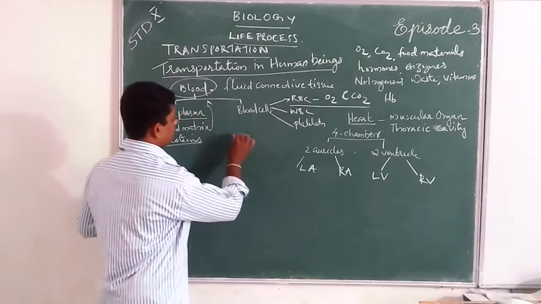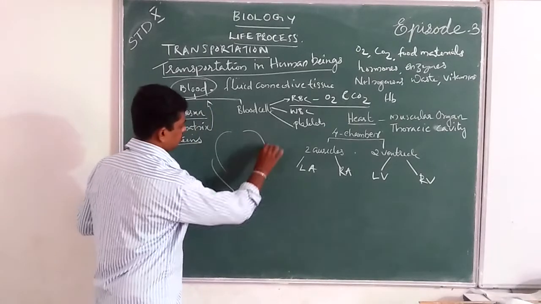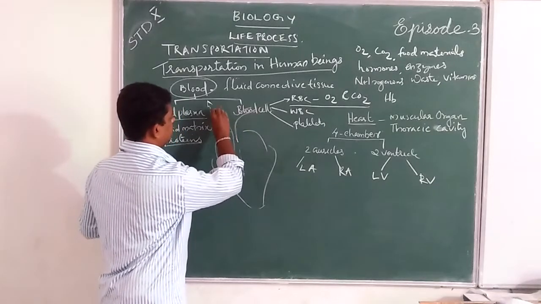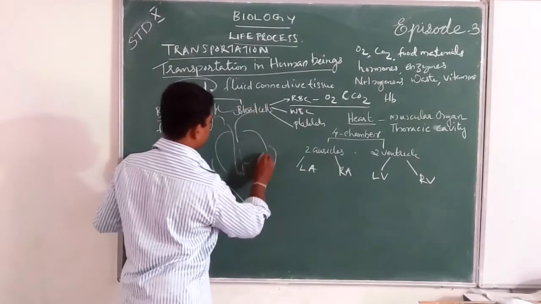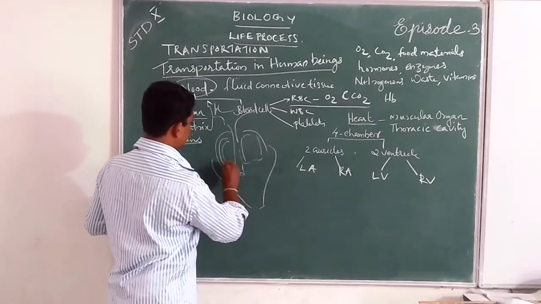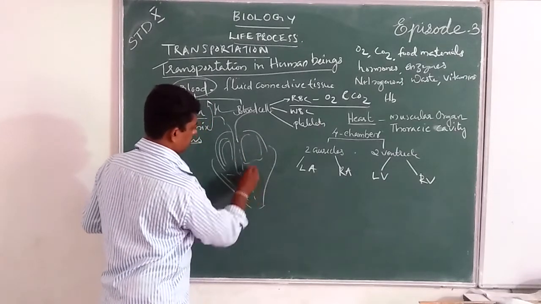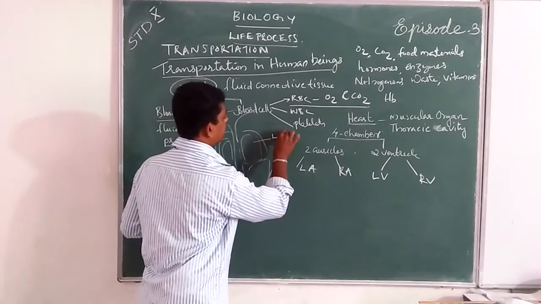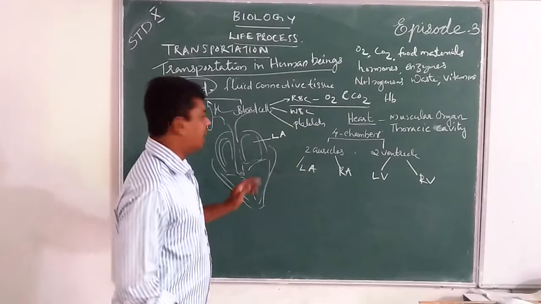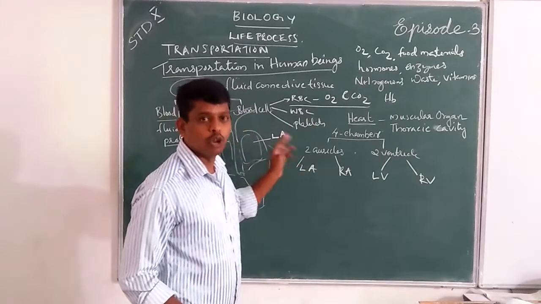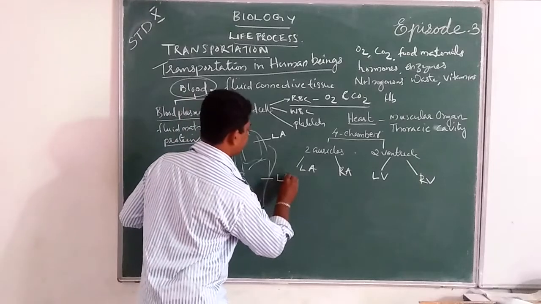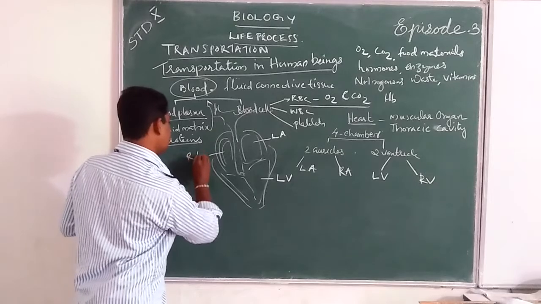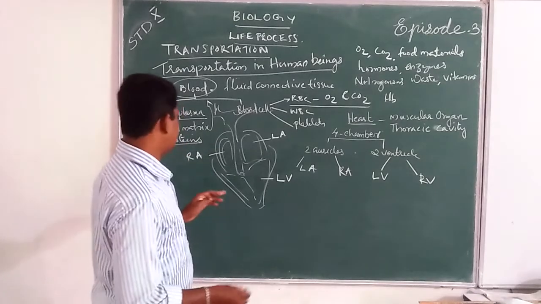Do you know the shape of the heart? Look, this is the left atrium or left auricle. This is the left ventricle, and this is the right auricle or right atrium.